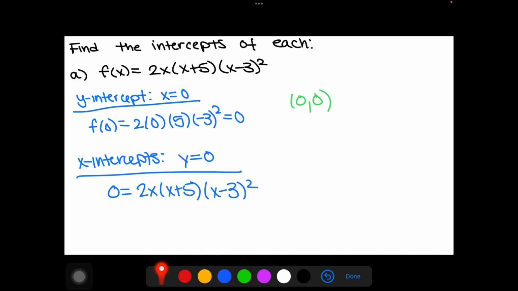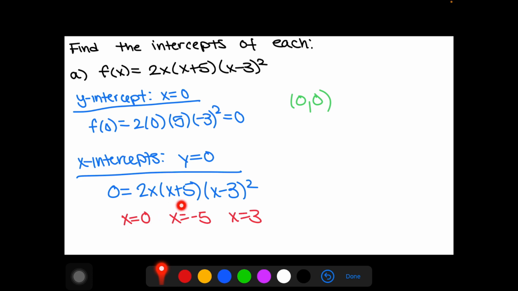If I want to find the x-intercepts, I have to set y, or f of x, equal to 0. So if I put 0 in for the f of x, I get 0 equals 2x times x plus 5 times x minus 3 squared. This polynomial is already in factored form, so I can set each of the factors equal to 0 and solve. If 2x equals 0, x equals 0.